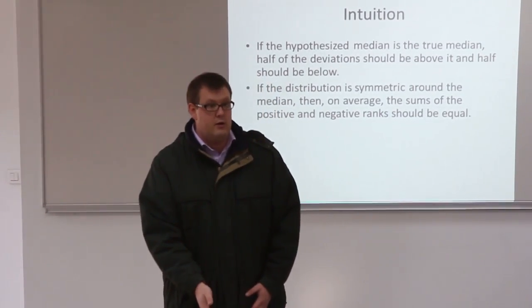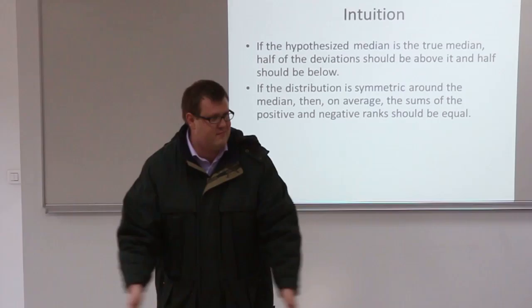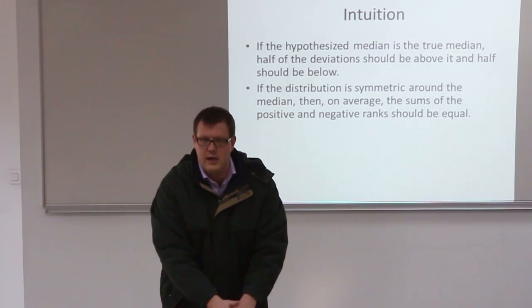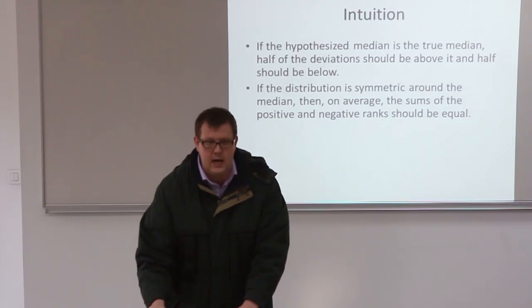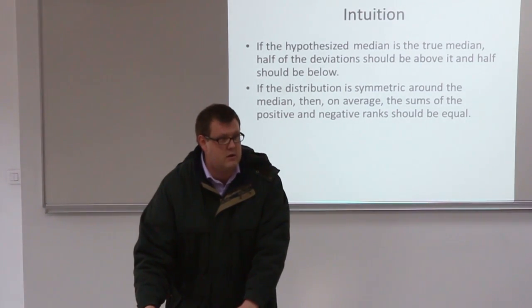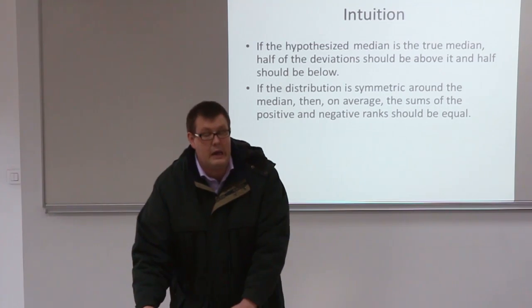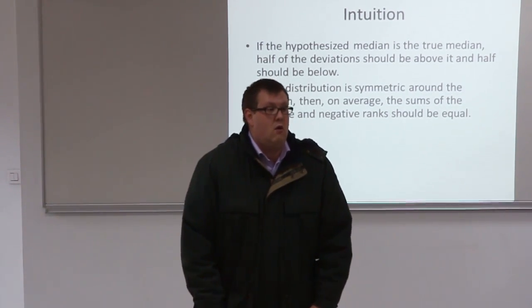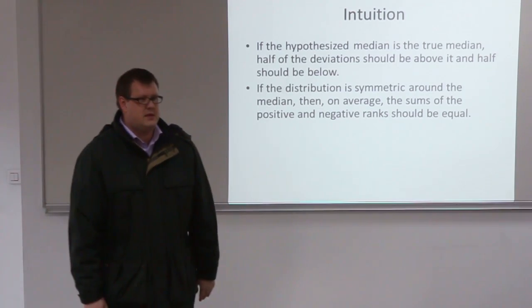But symmetric around the mean or the median. So if we have a distribution that is symmetric around the median, the mean will equal the median. So you are justified in hypothesizing about the mean or the median. Does that make sense?